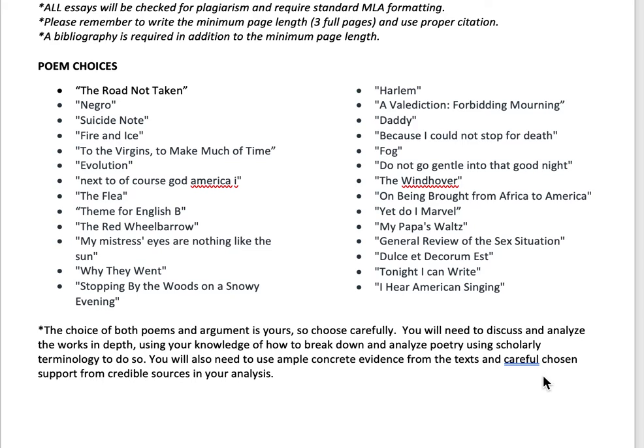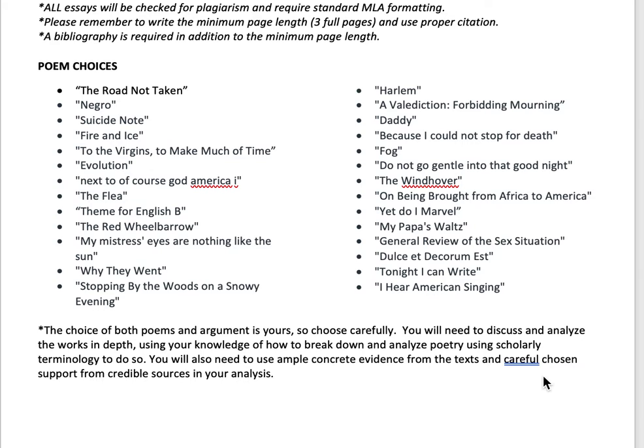You could say, for example, both The Road Not Taken and Because I Could Not Stop for Death have symbolism of, I don't know, travel or movement through nature. And then you would show that by bringing in quotes from both texts and then analyzing it, comparing and contrasting the two.